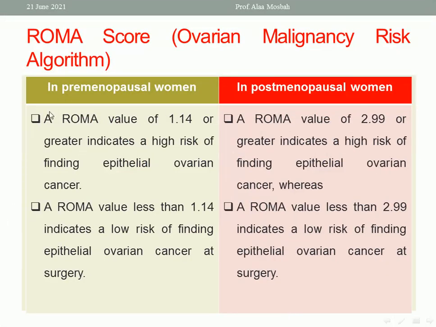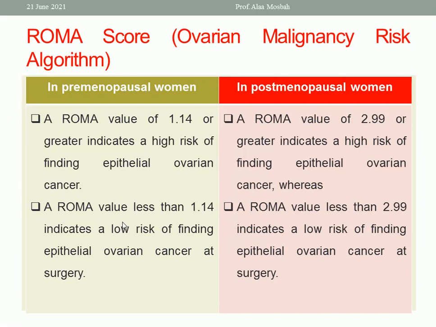What is the score in premenopause and in postmenopause as regard ROMA score? The value of 1.14 or greater indicates higher risk of finding epithelial ovarian cancer in premenopause, while if it is less than 1.14, she is at lower risk of finding epithelial ovarian cancer.